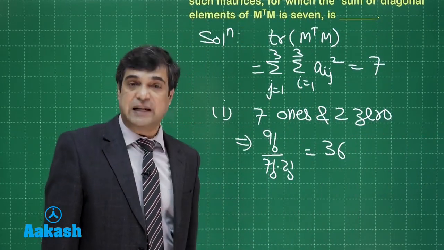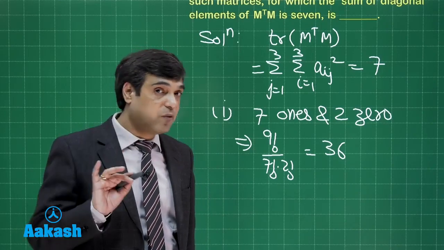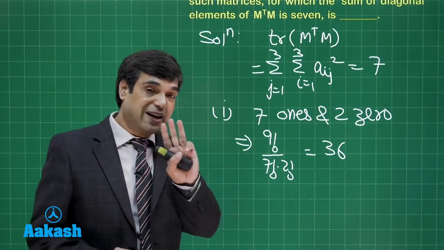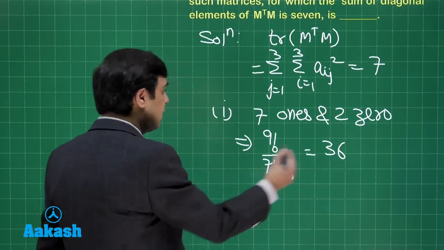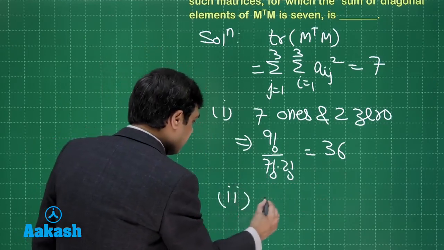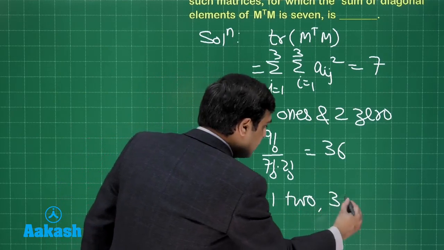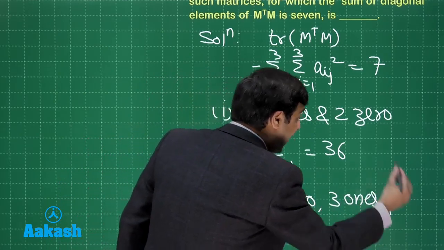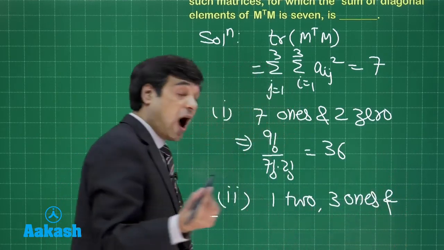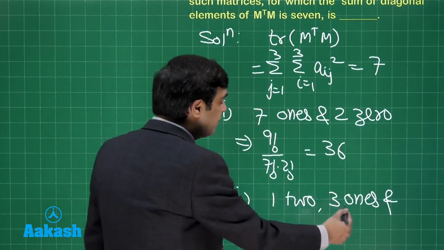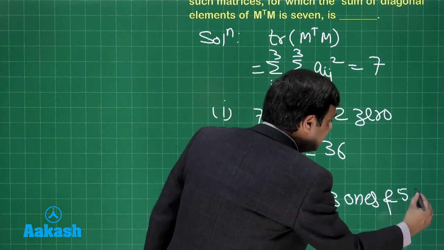Say one 2 is being taken. So square will become 4. You have still 3 entries for ones. So what I am saying, second possibility, one 2, 3 ones and remaining zeros. How many remaining? We have 4 entries so far, so 5 zeros.